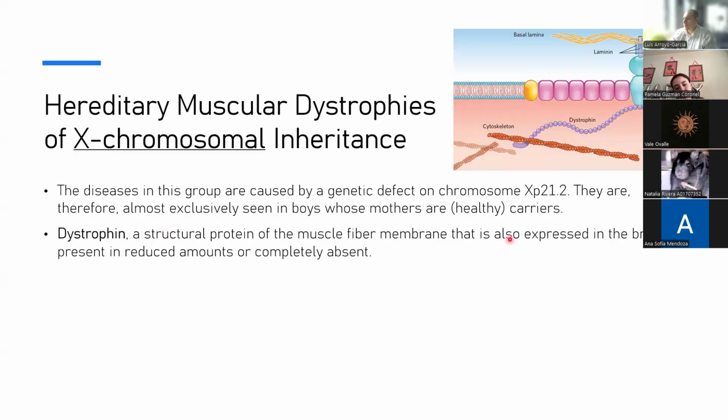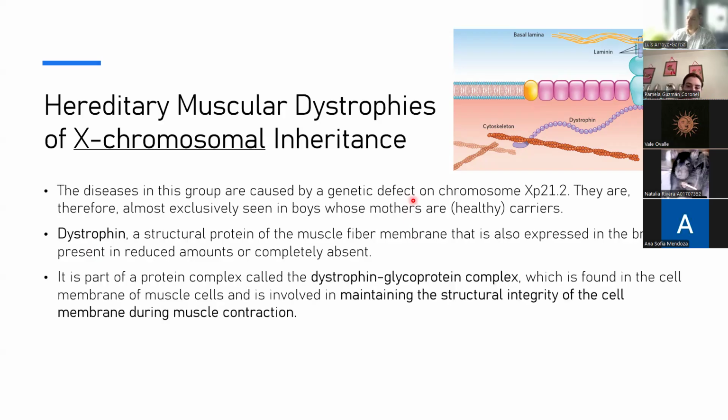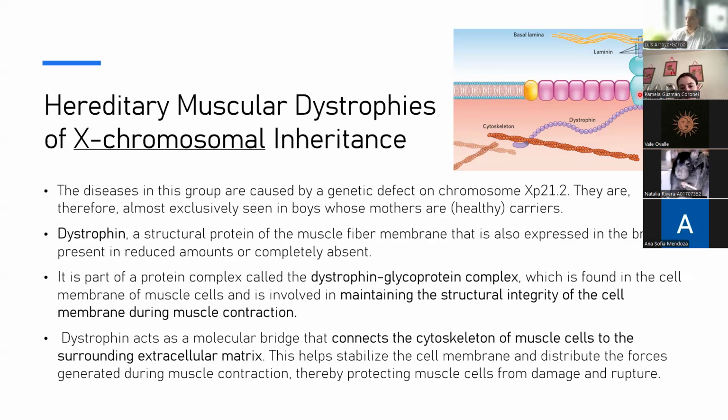It's a structural protein of the muscle fiber that is also expressed in the brain, which means that some of these patients will also have cognitive problems. So we're going to see that now. This dystrophin complex is called the dystrophin glycoprotein complex, which is found in the cell membrane of muscles and is involved in maintaining the structural integrity of the cell during muscle contraction.